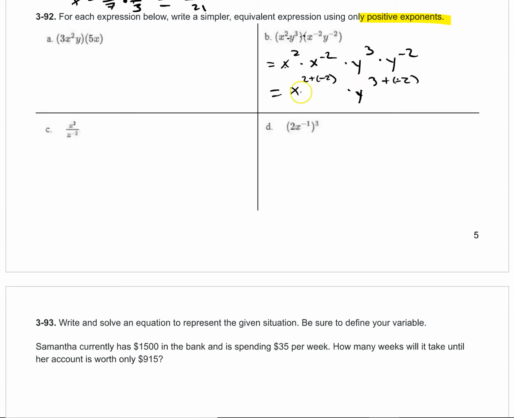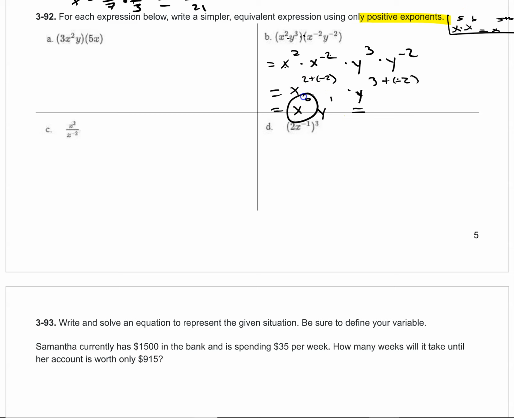Okay, so these 2 plus negative 2, right? That's x to the power 2 plus negative 2. And then we're going to have y to the power 3 plus negative 2. So that rule again: if you multiply two terms with the same base, then the exponents are going to add. 2 plus negative 2 is 0, so this is x to the power 0, y to the power 1.